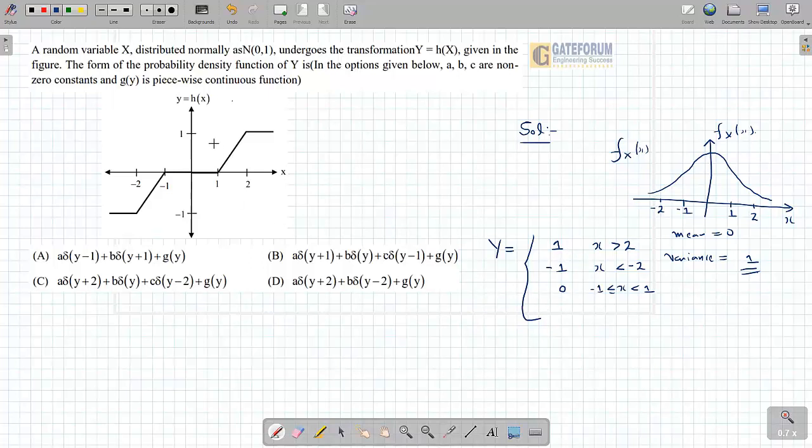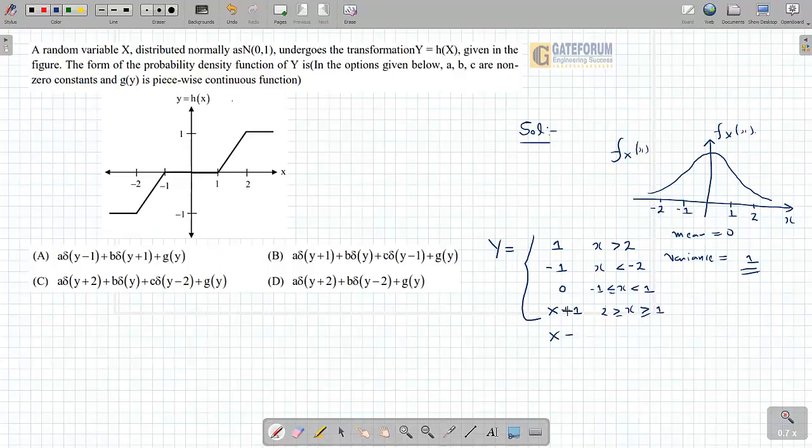But if you look closely at the equation of the line, y is equal to x minus 1 for x greater than 1 and less than 2. When x lies between 1 and 2, you can see clearly that it is nothing but the equation of this line, x minus 1.